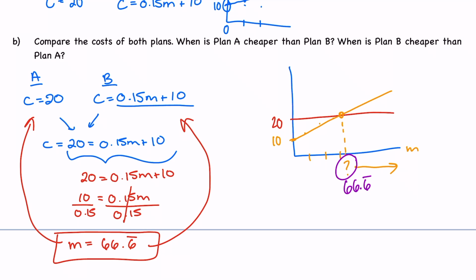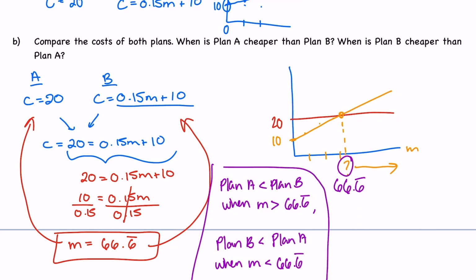So to answer our question, when is plan A cheaper than plan B? So when our m value is less than 66.666, plan A in red is more expensive than plan B in orange. And when our m is greater than 66.66 minutes, we can see that plan B is actually greater than plan A. So we can write plan A is cheaper than plan B, so plan A is less than plan B, when m is greater than 66.6.